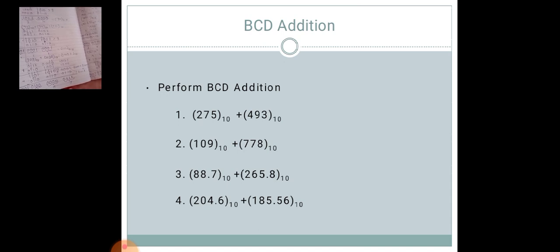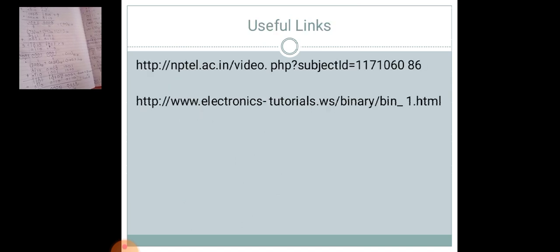Now these are the 4 examples given for your practice. Solve these examples in your notebook. These are some references given, useful links in which you will also see how to do the BCD additions.